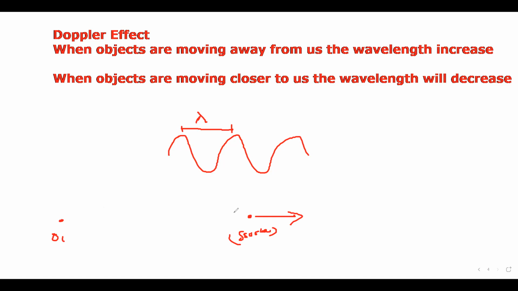When the source is moving away from us, the wavelength which we receive from the source, as it is moving away from us, will become longer.